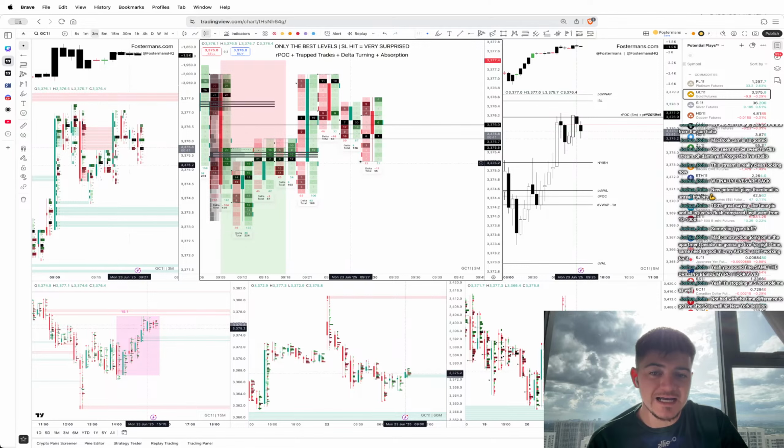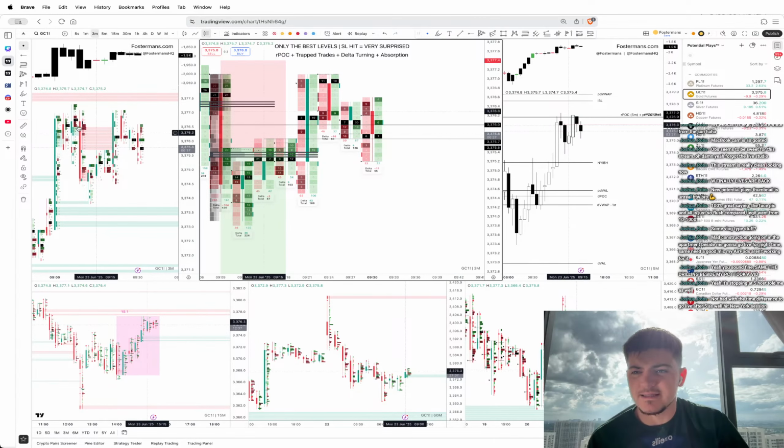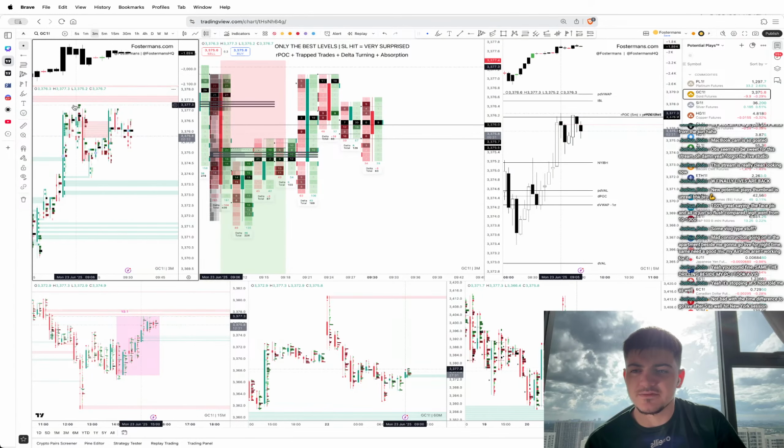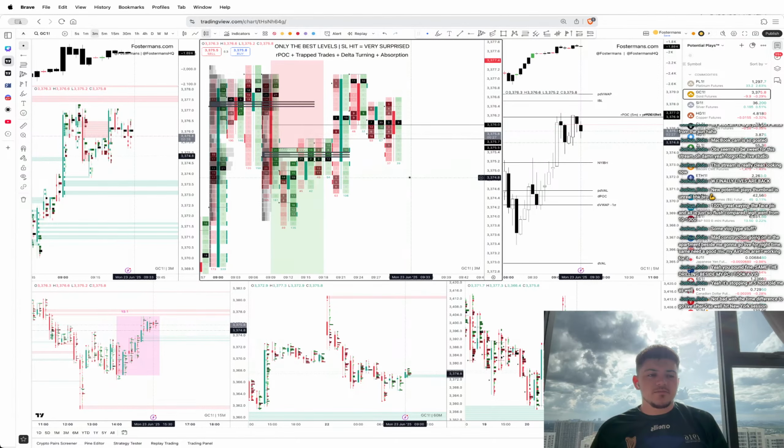Okay, so bringing past that POC as well is kind of nice, but getting bought right back up. Again, this Delta's, I don't like the look of it, man. So kind of just waiting until something happens would be nice.